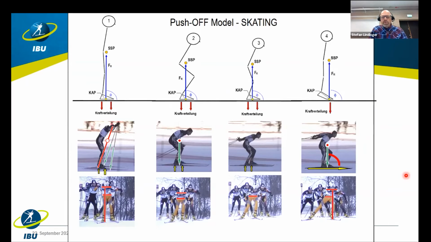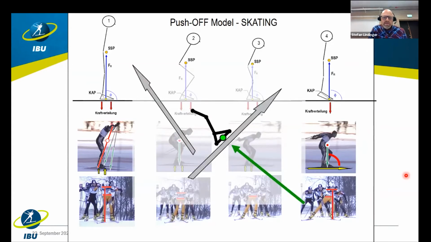And overall, in this whole process, you should try to keep the center of mass perpendicular to the ski direction. Not necessarily from the side view, but from the correct side view to the ski. The ski is angled, so I must look a little bit from behind into the system. And we should keep this around 90 degrees to the ski. Then we have a lot of rebound on the edge, and we have an optimal push-off movement.